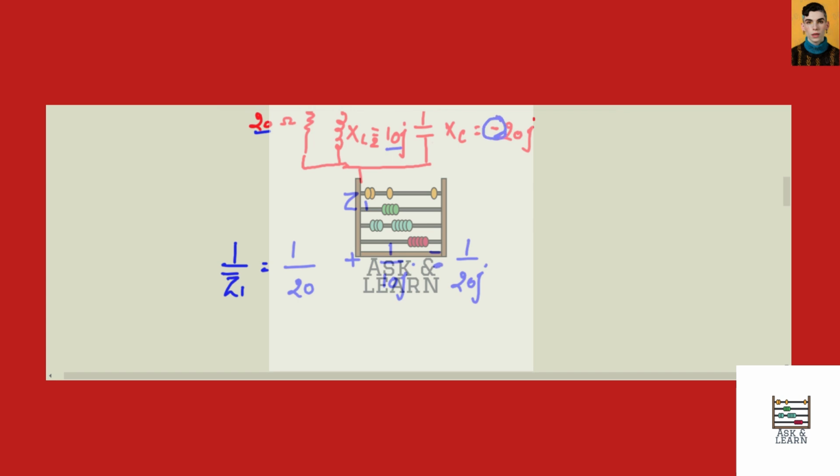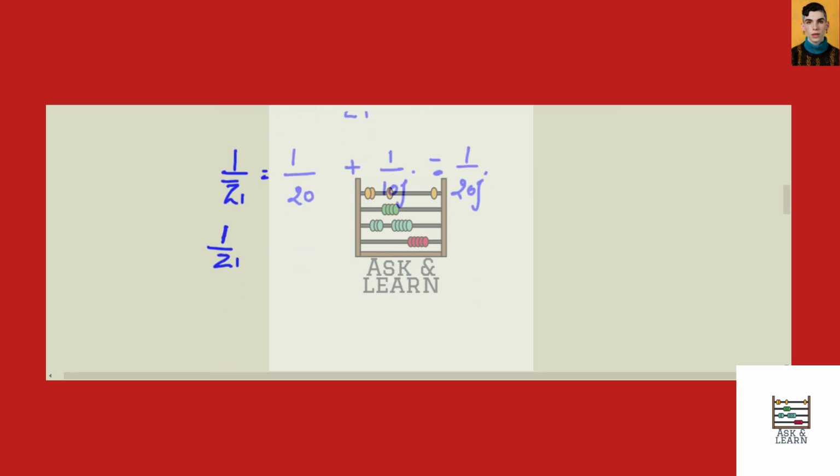Now if you simplify, what you will get is the value of 1 upon Z1. Just consider Z1 as a vector. So if you simplify, what you will get is 0.05 minus 0.1j plus 0.05j.